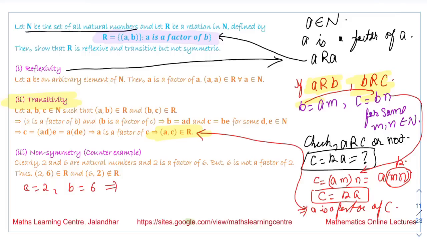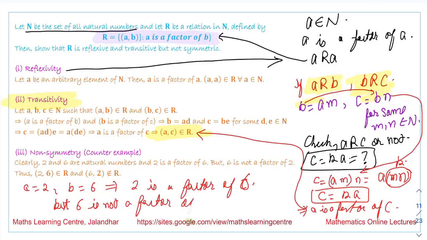Then clearly 2 is a factor of 6, but 6 is not a factor of 2. 2 is a factor of 6 means 2 is related to 6. 6 is not a factor of 2 means 6 is not related to 2. It means this relation is not a symmetric relation.